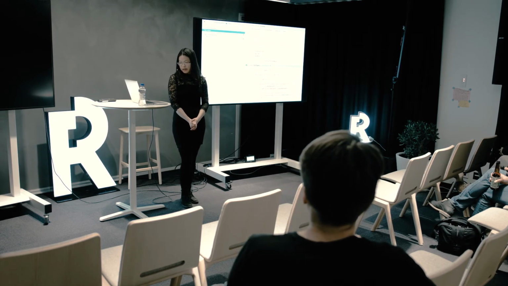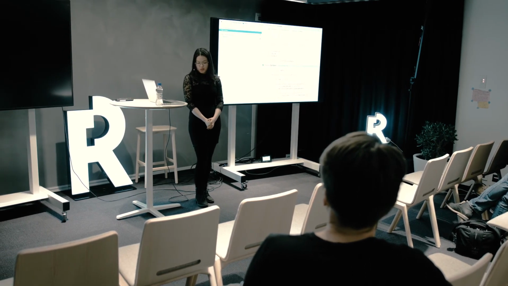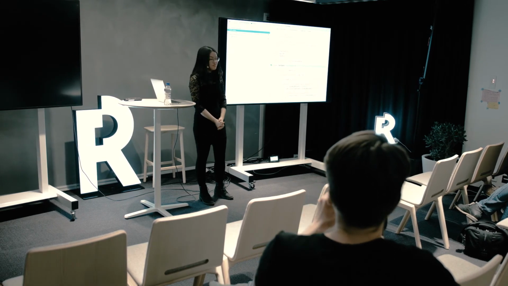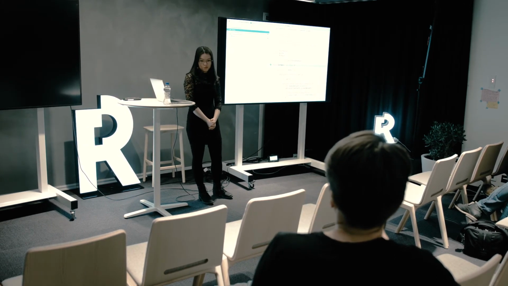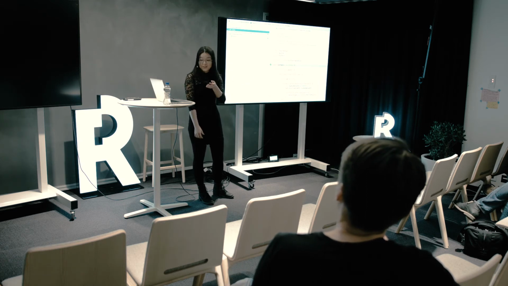MVVM is fine if we know how to use it. I don't really know how to use it, so I often find myself ending up with a massive view model. I move every piece of business logic inside the view models, and I don't like it. It's like I just moved the business logic from the view controller to the view model. But maybe because I don't know how to use it right. But with VIP, I find everything is so easy.